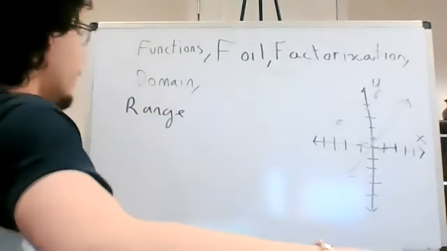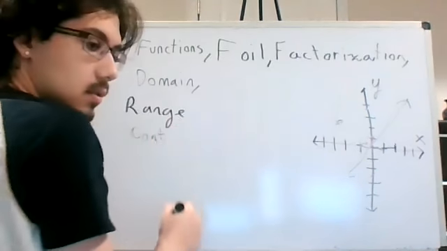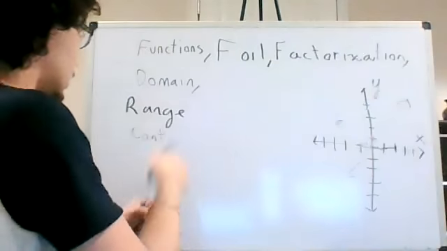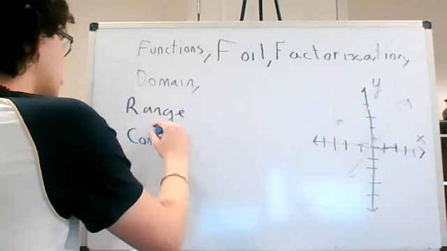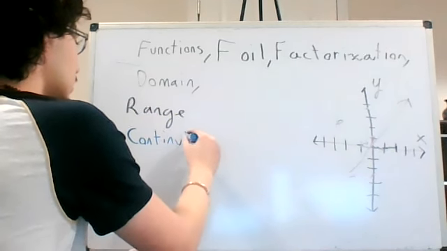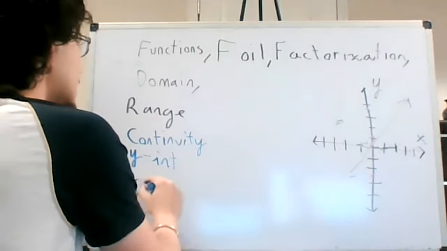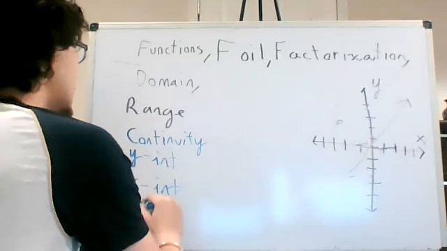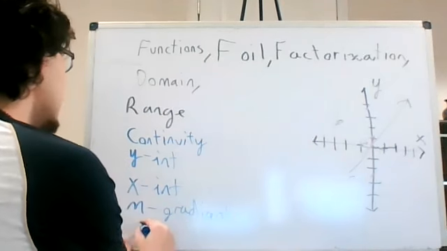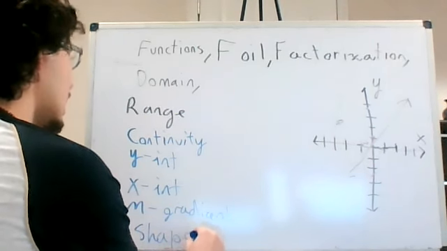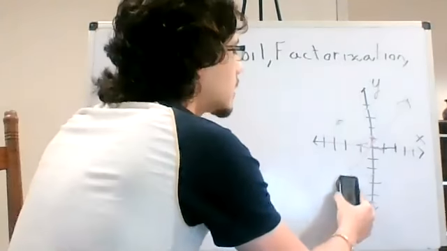Because now we know what the domain is, the range is, the continuity, we know about the y-intercept, the x-intercept, the gradient m, and the shape. And many of these go hand in hand. This is essentially all the information you need to understand a function.